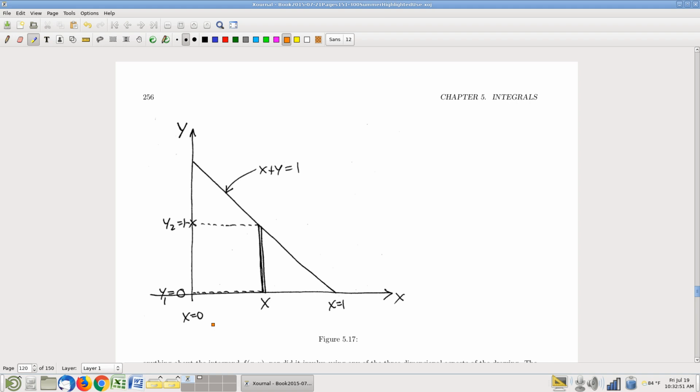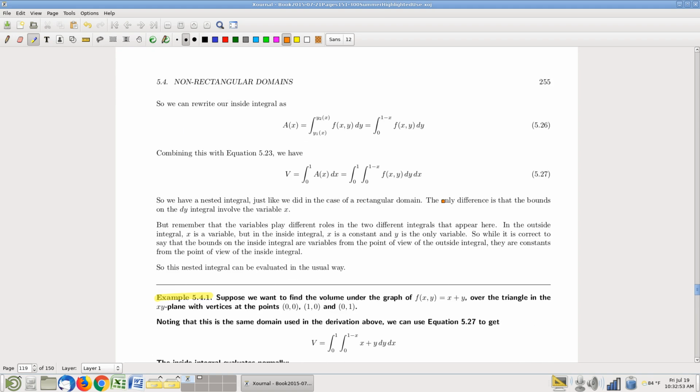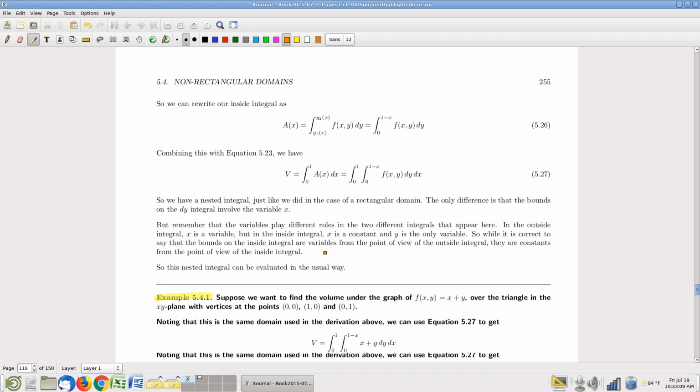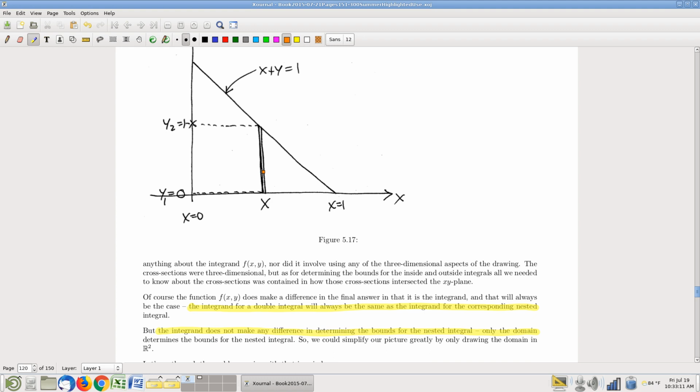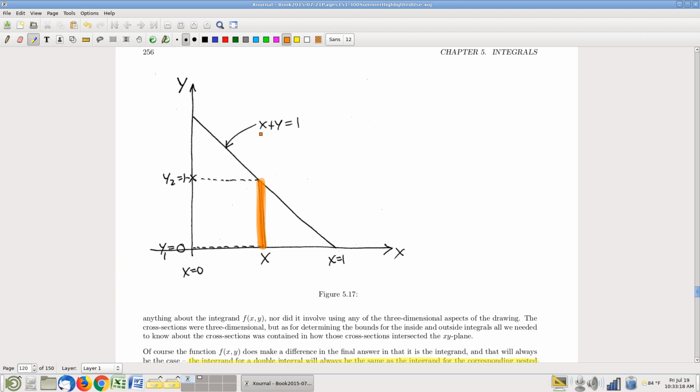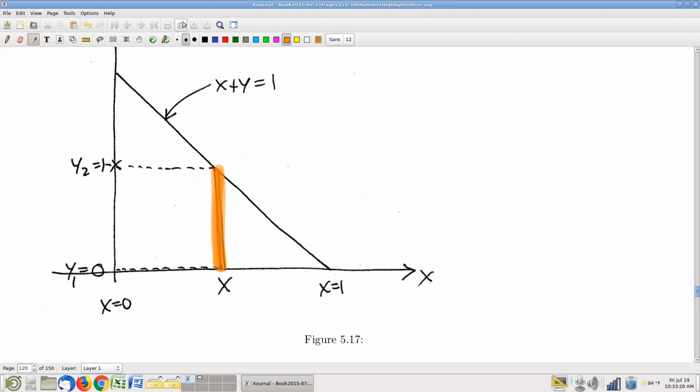The slices that I'm making here are where x is a constant and y varies all the way across. If I'm looking at just the xy part of that picture, I don't need to draw the height. What I get then is this. That's what my slices look like, capitalizing on the fact that my pictures can now be much simpler.